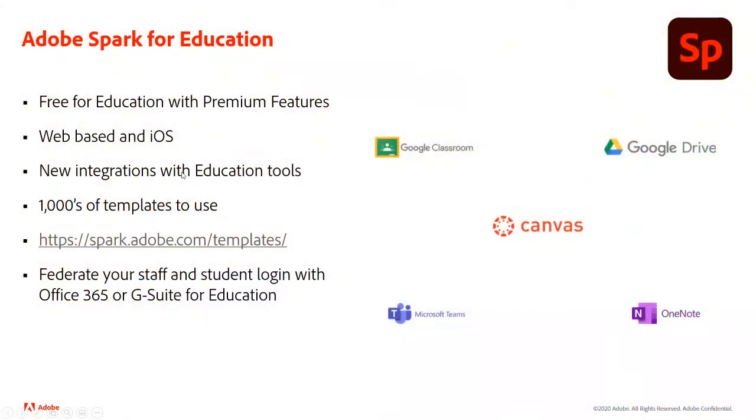The first thing I'm going to talk about is some updates to Adobe Spark. The key thing about Spark is that it's completely free for education and it comes with the premium features. If you were not part of an education establishment, you'd be paying £9.99 per user per month for Adobe Spark, and it's a web app that also works on iOS devices.